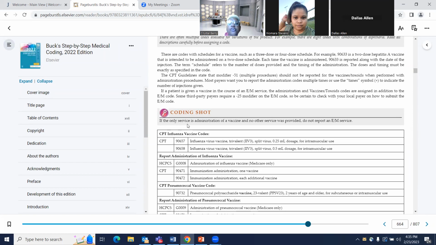If the only service is administration of a vaccine and no other service was provided, do not report an EM service. What does that EM service stand for? What's EM? Samara, what's EM service?